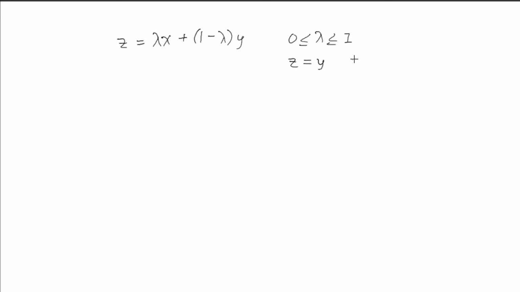And at lambda equals 1, z equals x. So that means that always z is somewhere on this line. For example, if lambda equals 0.5, then it would be 0.5x plus 0.5y, and z would be the midpoint. So z is somewhere on the line between x and y.